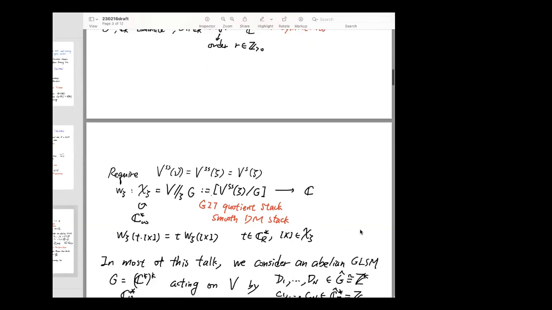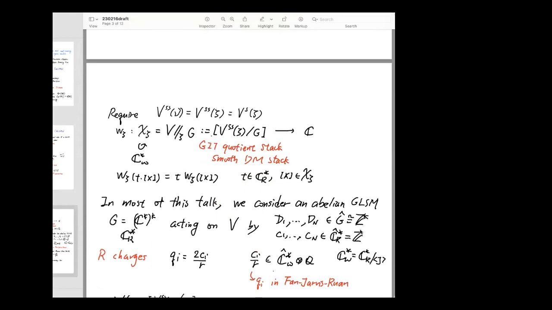In most of this talk, we will consider an abelian gauge linear sigma model, G acting on V. G is not only abelian, but actually a torus of certain dimension K. It acts on V by G-characters D_1 up to D_M.